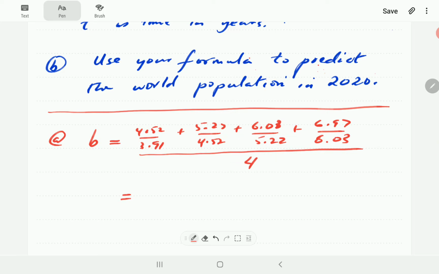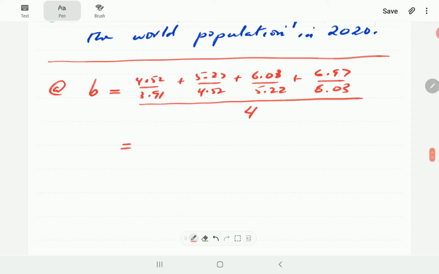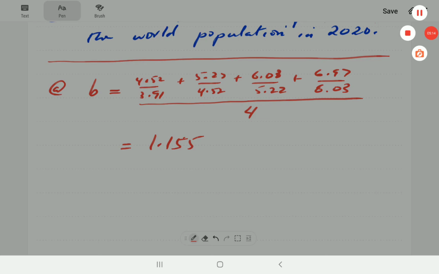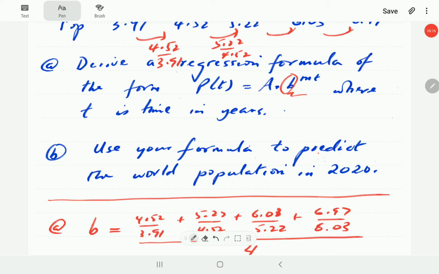Then we're going to do an arithmetic mean of them. So when we do that, we get 1.155. So that's going to be our value of B. So B is sorted out.